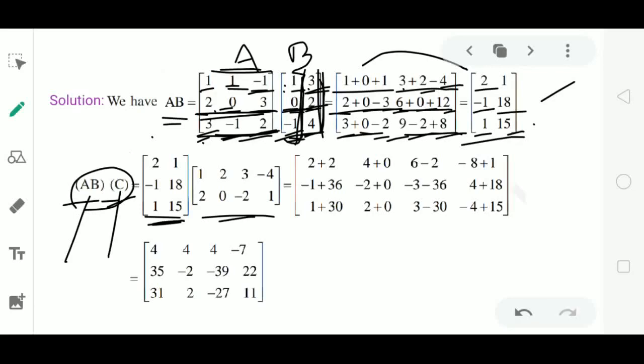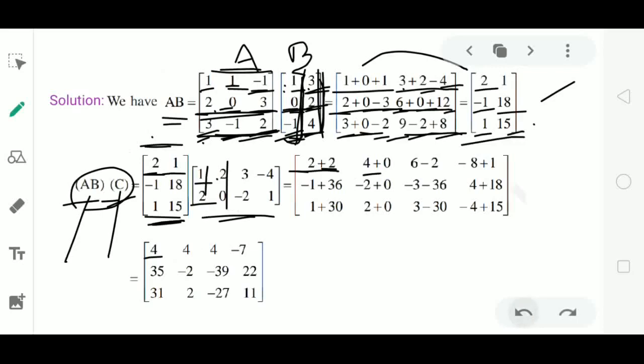AB into C is, we multiply the first row with the first column. 2 into 1 is 2. 1 into 2 is 2. 2 plus 2 is 4. This is the first element of the product. Next, first row, second column. 2 into 2 is 4. 1 into 0 is 0. 4 plus 0 is 4.